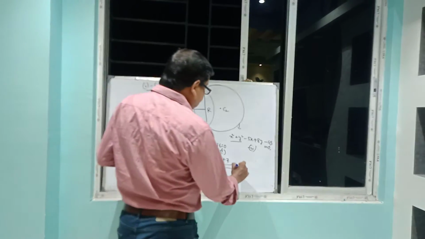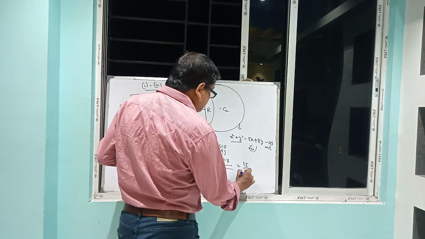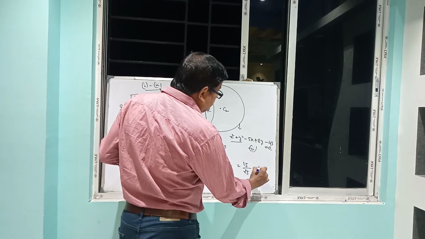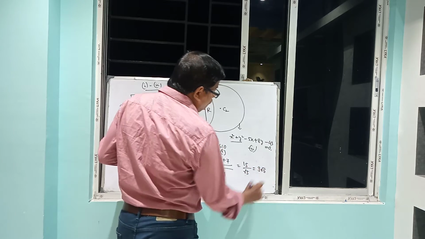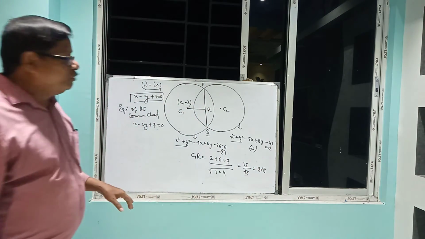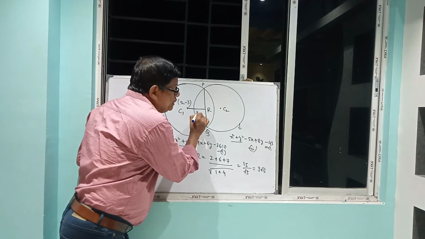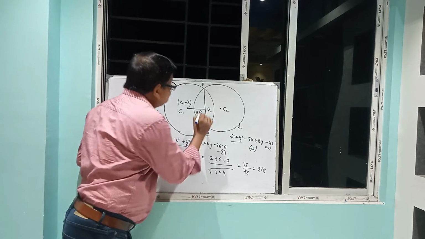So here it will be 15 by root 5, that is 3 root 5. Okay? So we will get this part: 3 root 5.